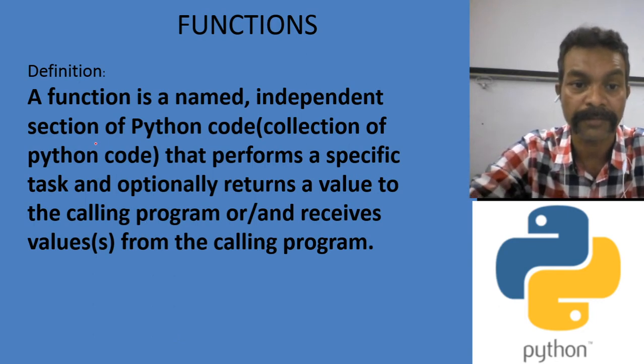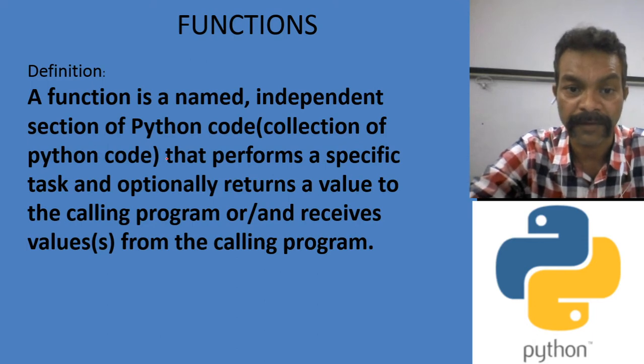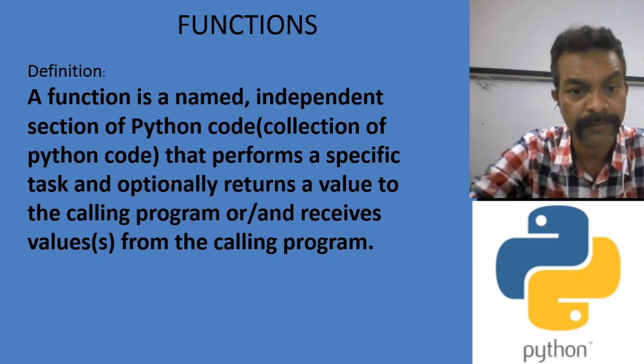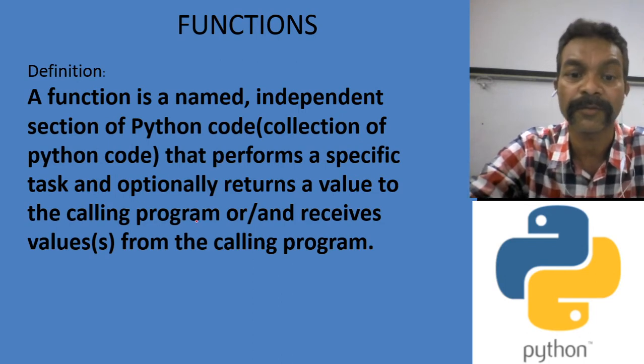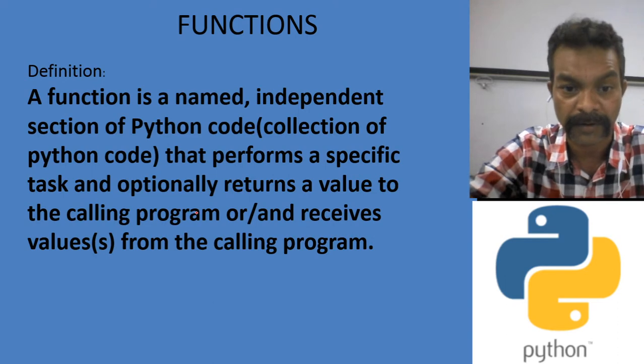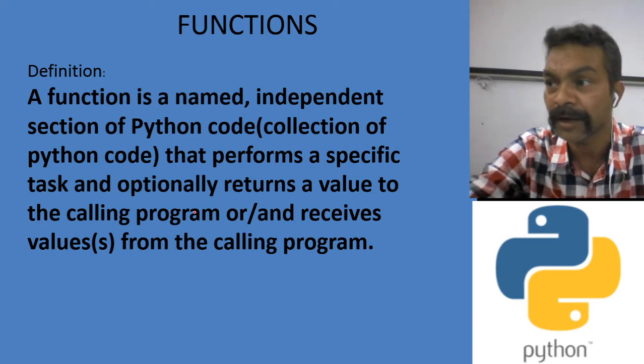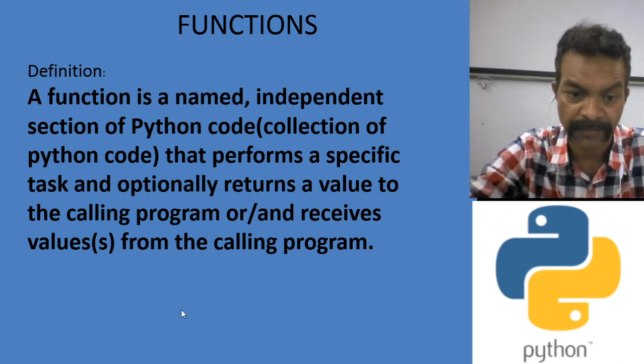And what is the use of that function? It performs a specific task and optionally returns a value; it does not always return a value. A function also receives values from the calling program. It is also optional. Sometimes it receives, sometimes not.